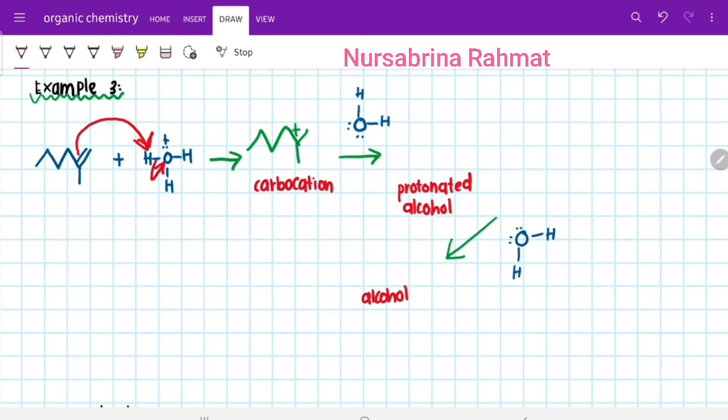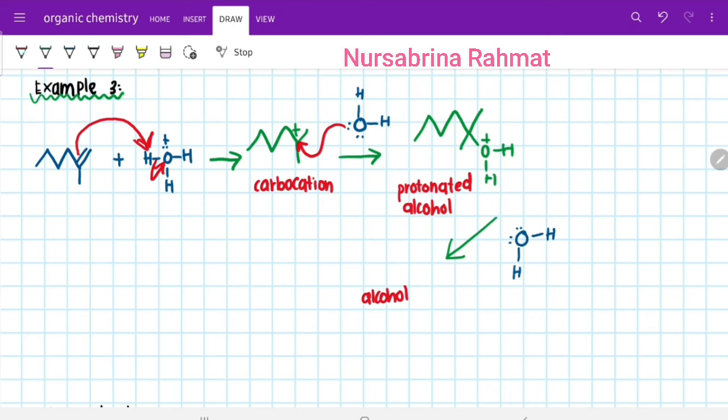This water molecule with two lone pairs of electrons will attack the positive center of your carbocation to form the protonated alcohol, with a plus charge on the oxygen atom.